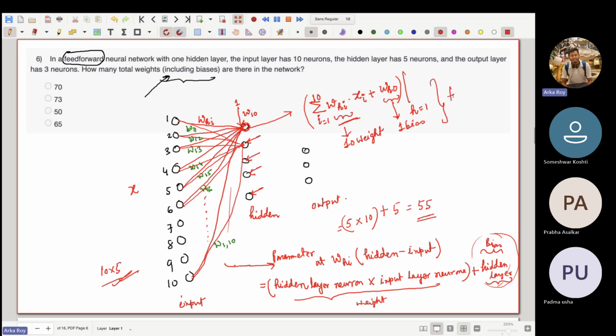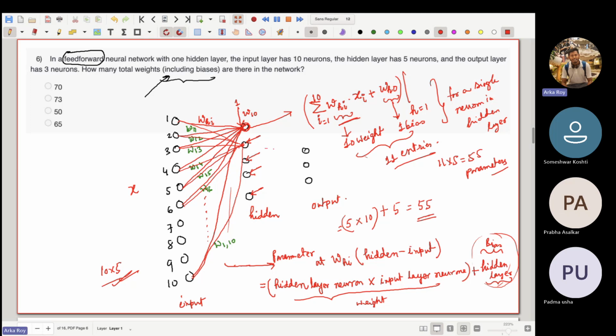So this is for a single neuron in the hidden layer. So in total, we need 11 entries. So for one, if we need 11, we have 5 such neurons in the hidden layer. So 11 into 5, so 55 parameters.